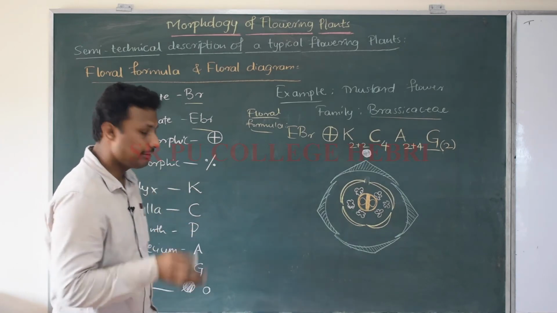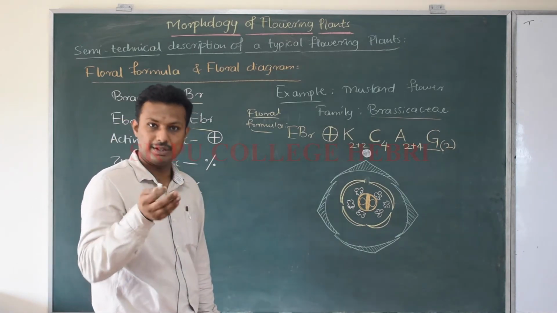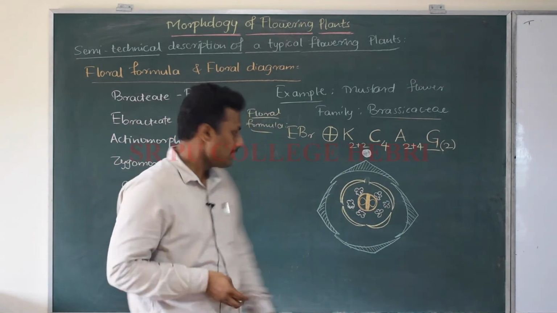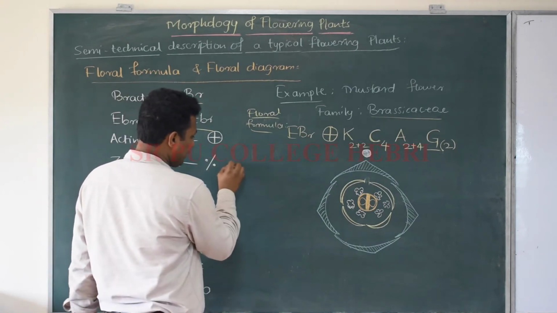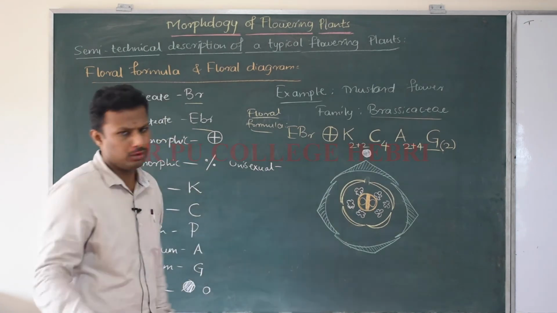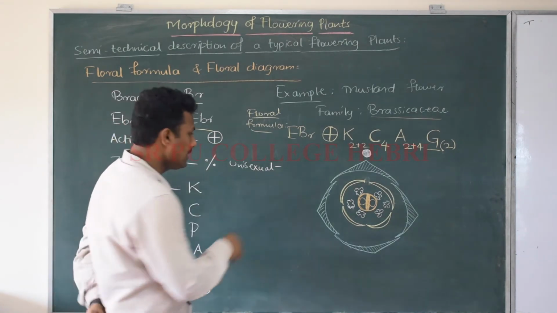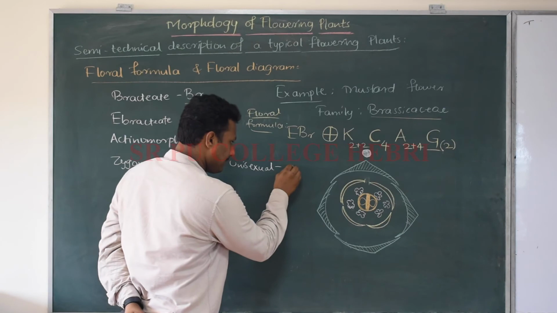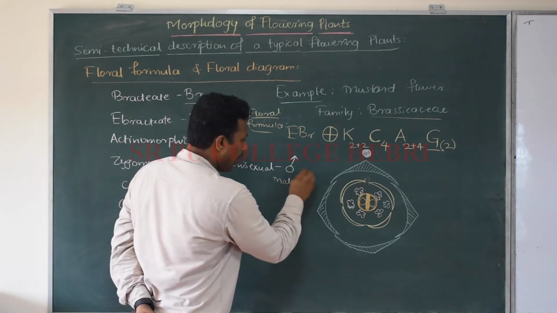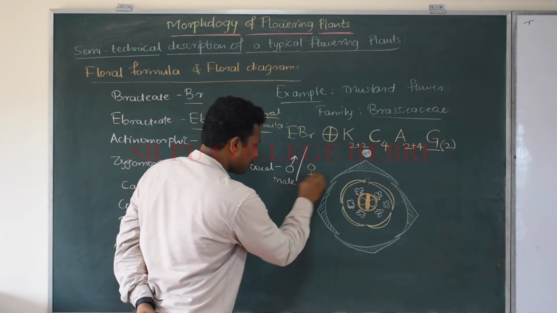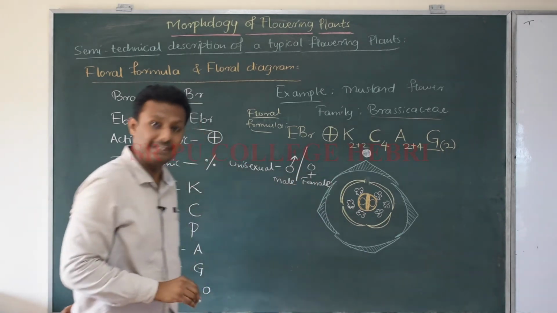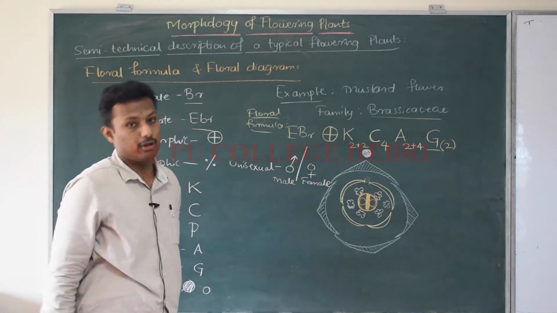That means whether the flower consists of both androecium and gynoecium, or only the androecium or only the gynoecium. If the flower is unisexual, it will be represented like this for a male flower, or like this for a female flower, right? So this also has to be included in the floral formula.